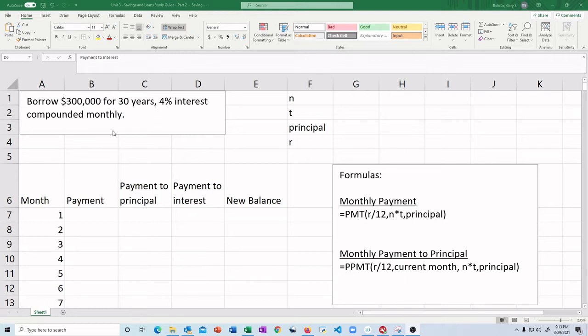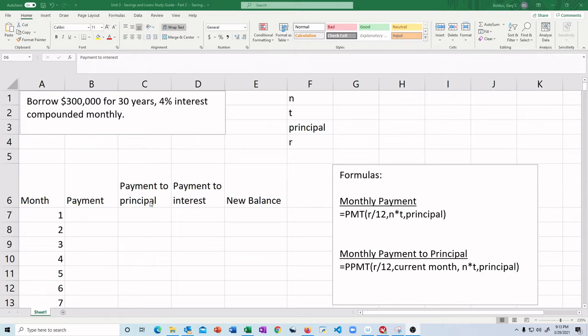So our setup for the amortization table is we have a loan. We want to pay back the loan. And what this table does is show us what it looks like to pay that loan, specifically what our payment is going to be each month.